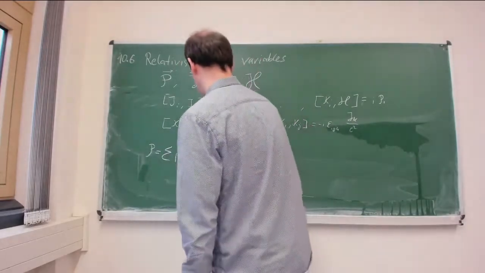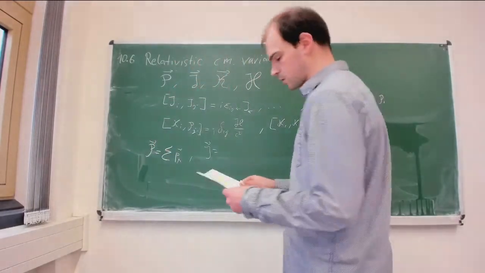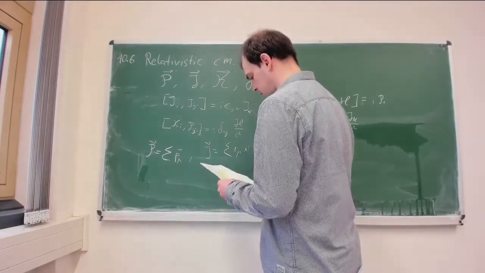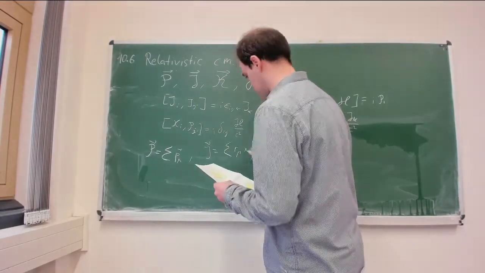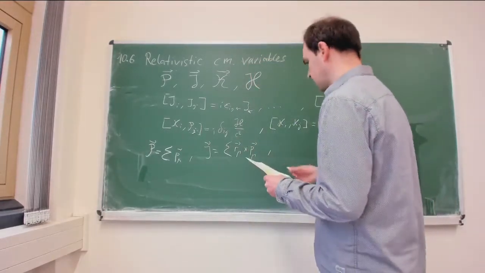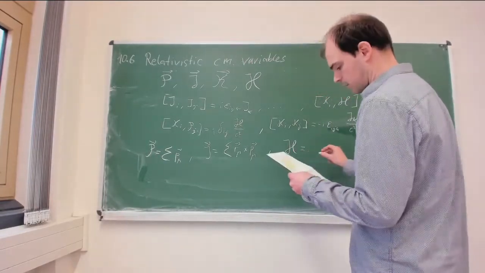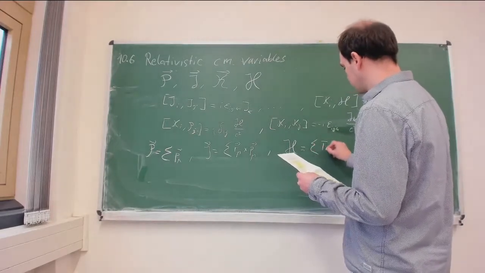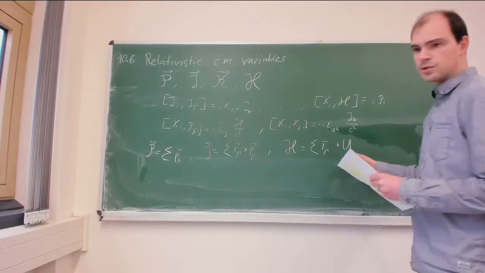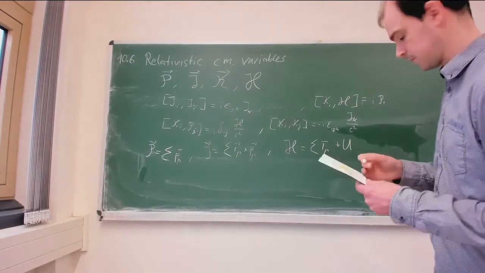The same way J would just be the total angular momentum, so this is just the sum of the particle angular momenta. And H we can actually write as the sum of all the kinetic energies of all particles plus U, which is the potential that contains all the interactions between particles.